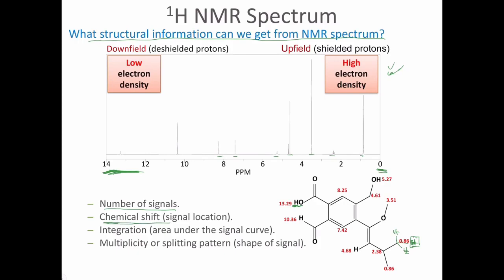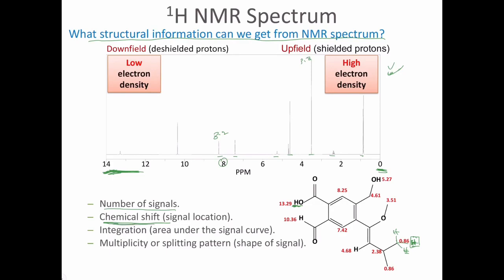If there's a signal, we need to identify in which region it is. This one is at around 8.2, roughly. This other one is at around maybe 3.8. So we need to identify where the chemical shift is.